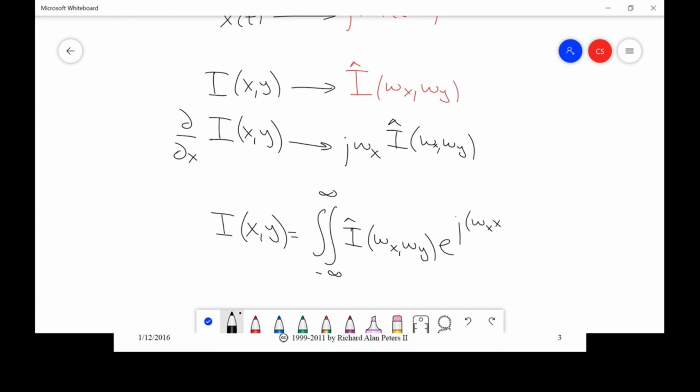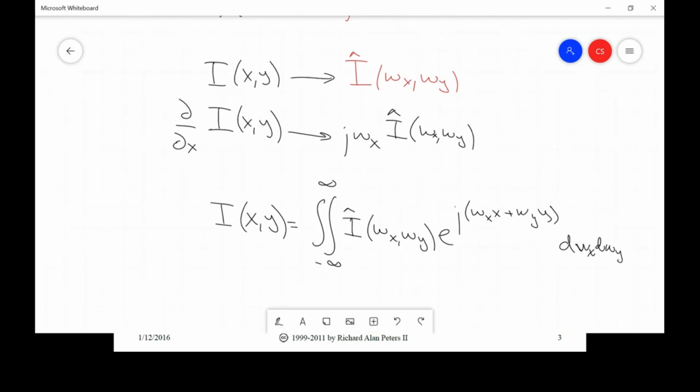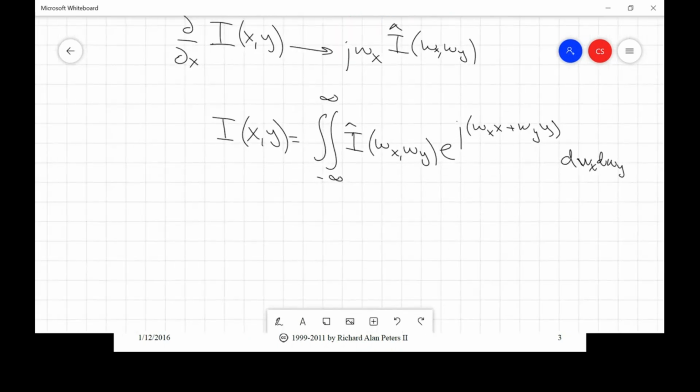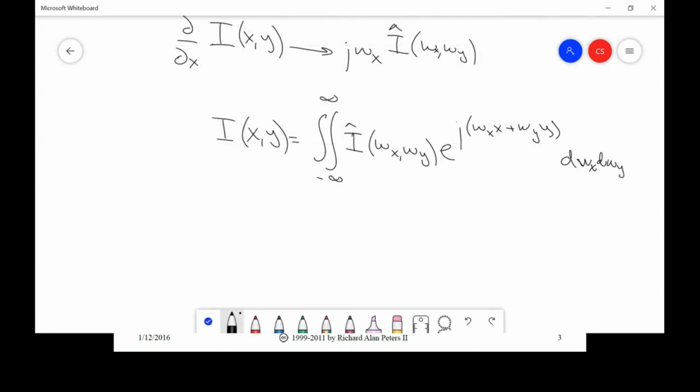Normally, I use the angular inner product notation, but today I will write it explicitly. And then we have differential of omega x, differential of omega y. This is the inverse Fourier transform, right?